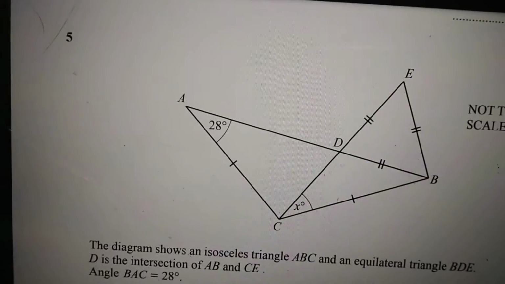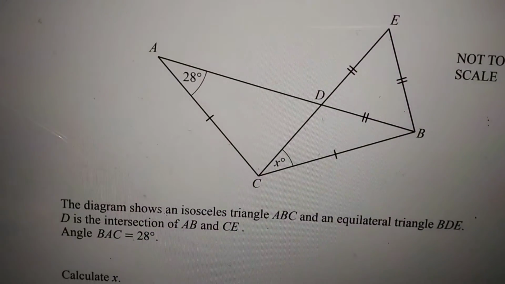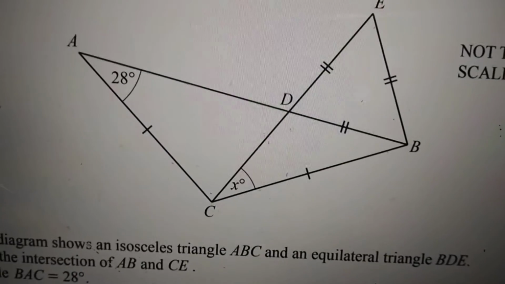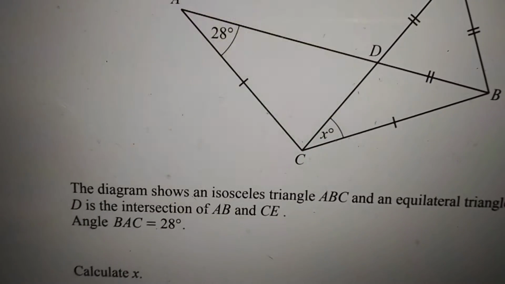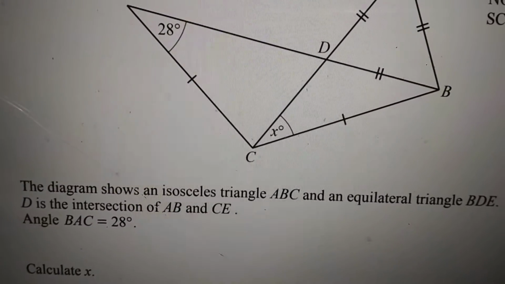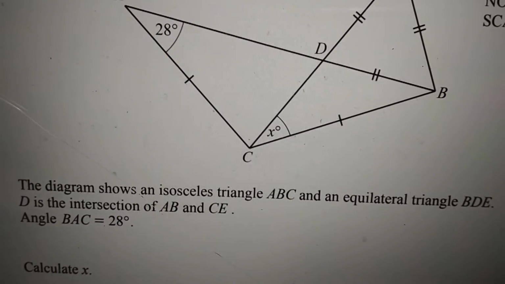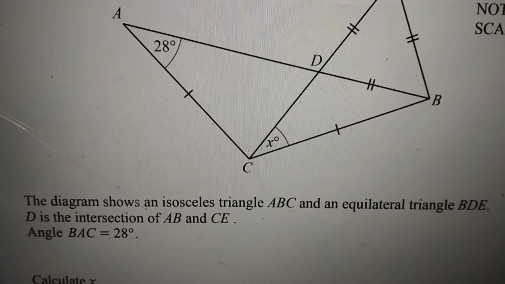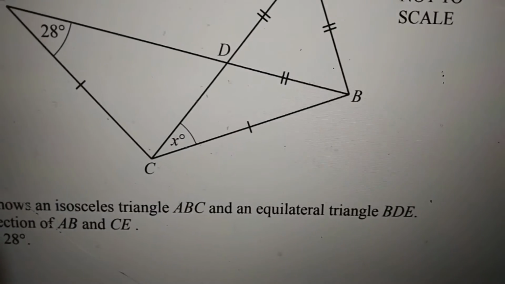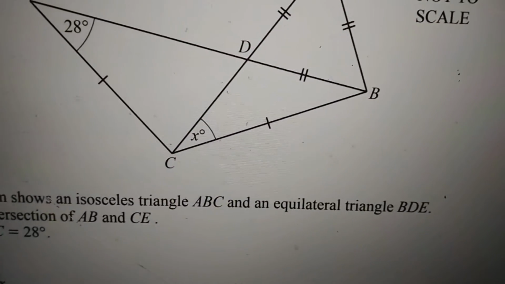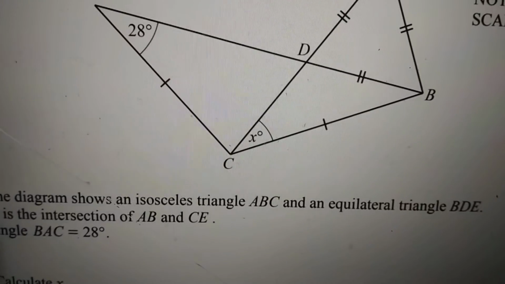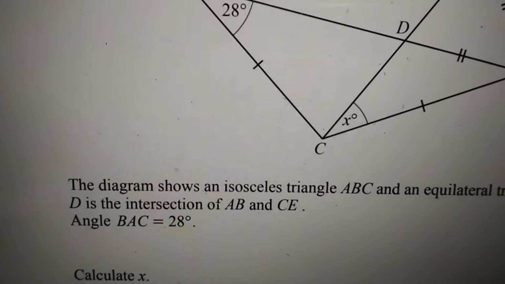Okay, the next question of this paper, question number 5, is basically dealing with a diagram which says that there is an isosceles triangle ABC. What is an isosceles triangle? Where two sides and the angles opposite to these two sides are also equal. And an equilateral triangle means that each angle is 60 degrees and all the sides and the angles are equal.